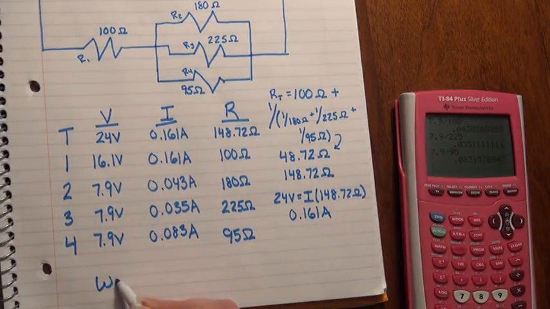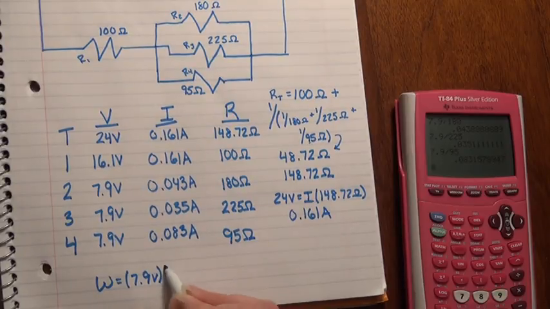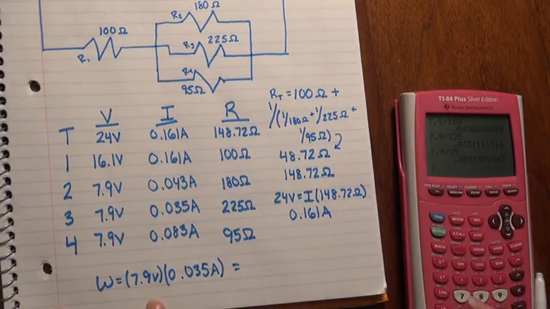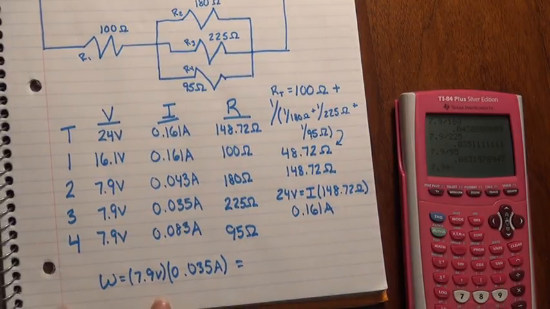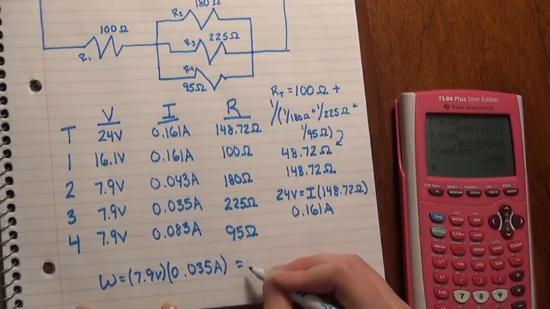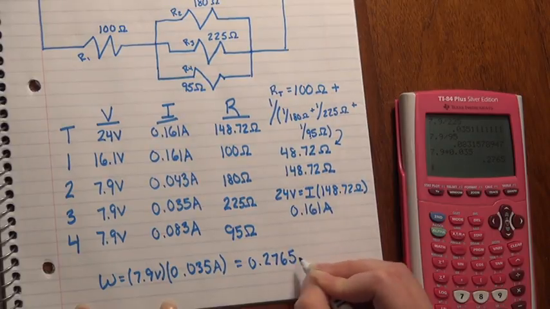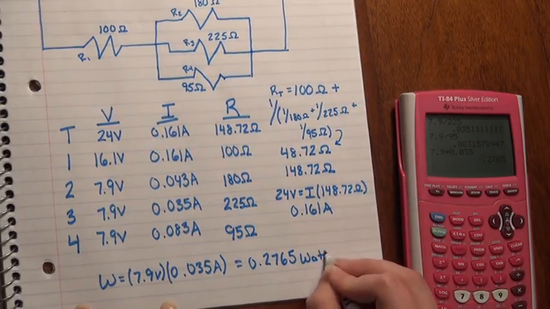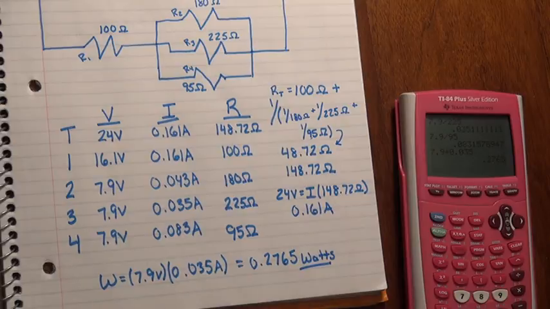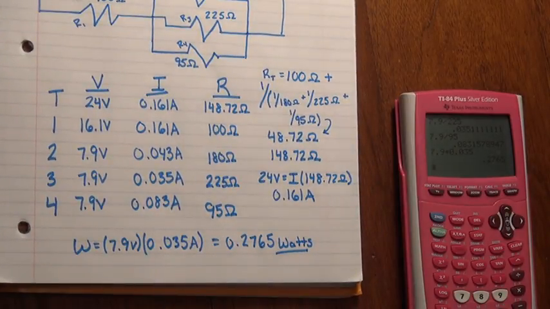So W equals the voltage, 7.9 volts, times the current there, so 0.035 amps. And that is going to give us about 0.2765 watts, which is our unit of power. And that's all there is to question 4.